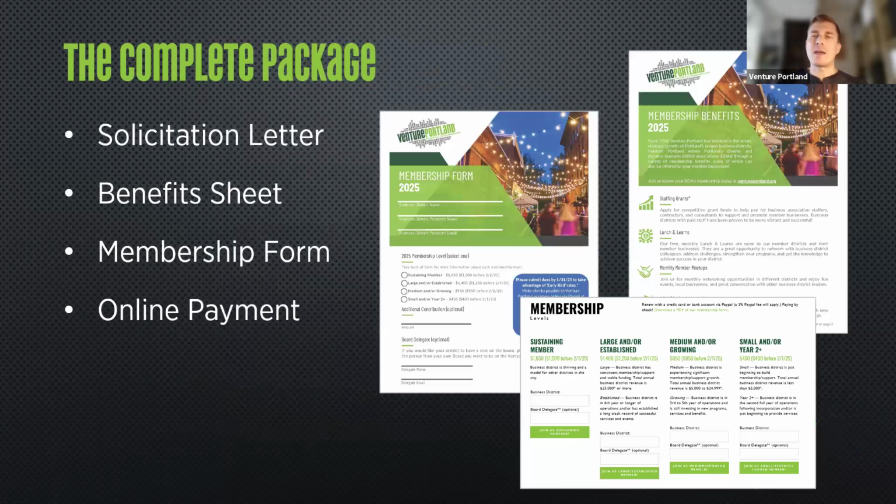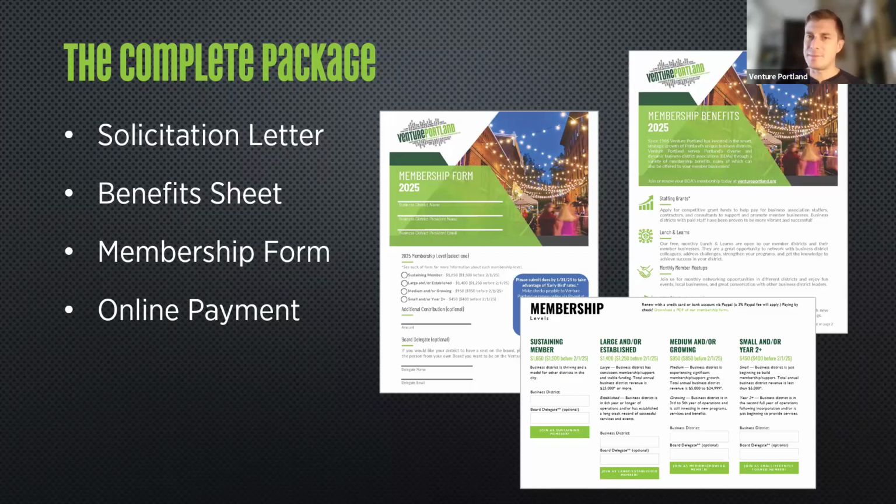And then think about the complete package of your membership campaign. So the campaign materials, there's a couple of key pieces that you want to have when you're doing solicitations. One is a solicitation letter. This is a letter on business association letterhead from the business association president that talks about all the great things your association did in the previous year and all the great things you've got planned for the coming year.